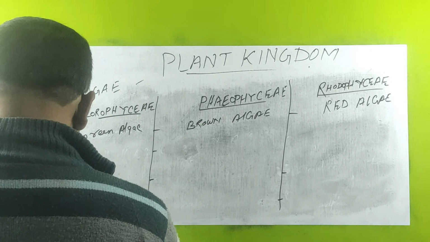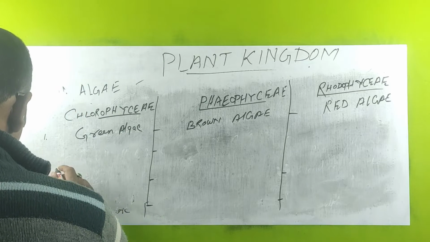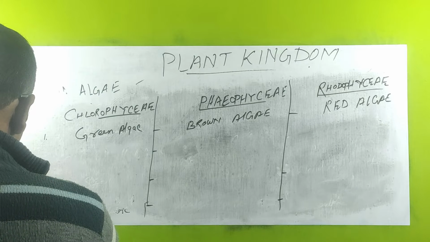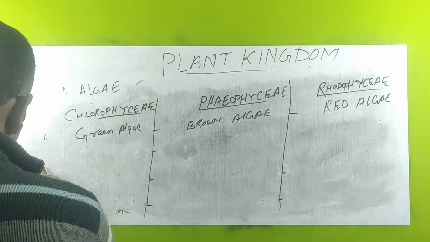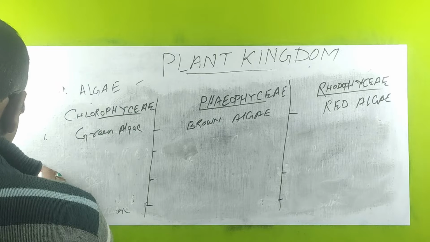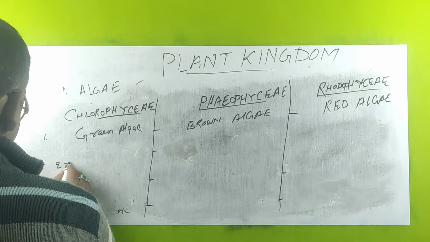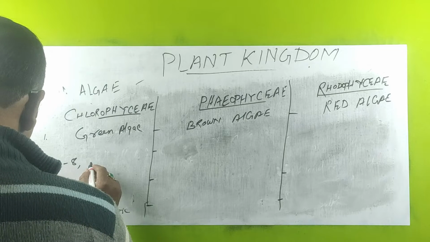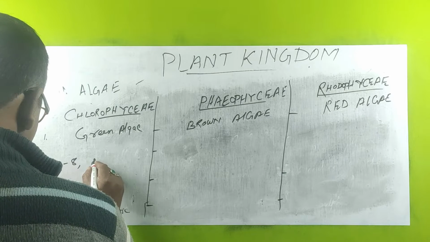It is flagellar number and position of insertion. Green algae have 2 to 8 flagella, and their position is equal and apical.